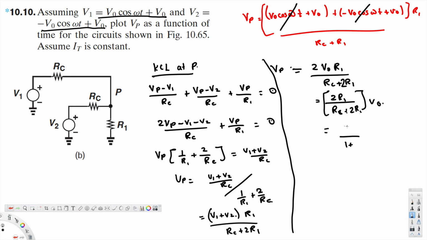I move that one in front, and RC also will be divided by 2R1. So RC divided by 2R1 right here, multiplied by V0. This is equivalent to this.